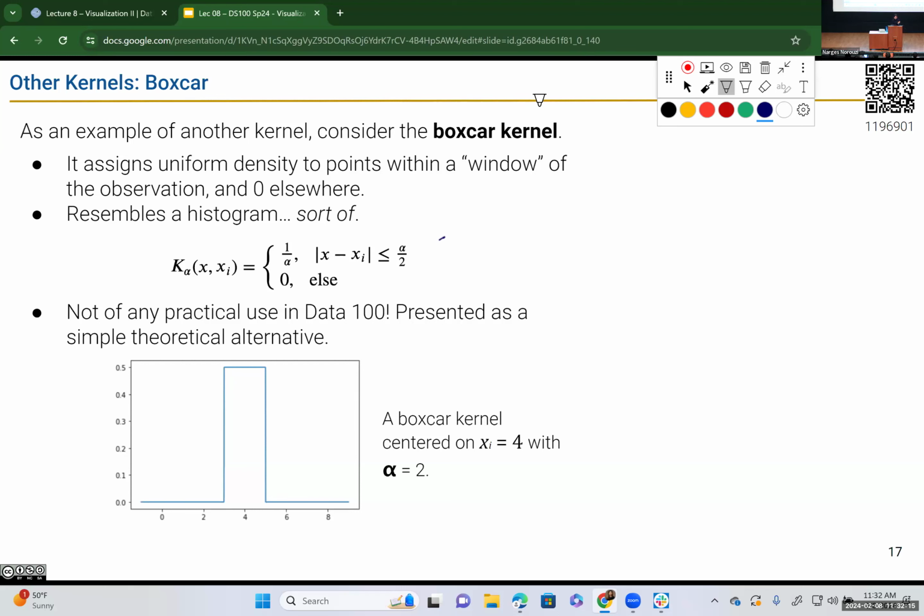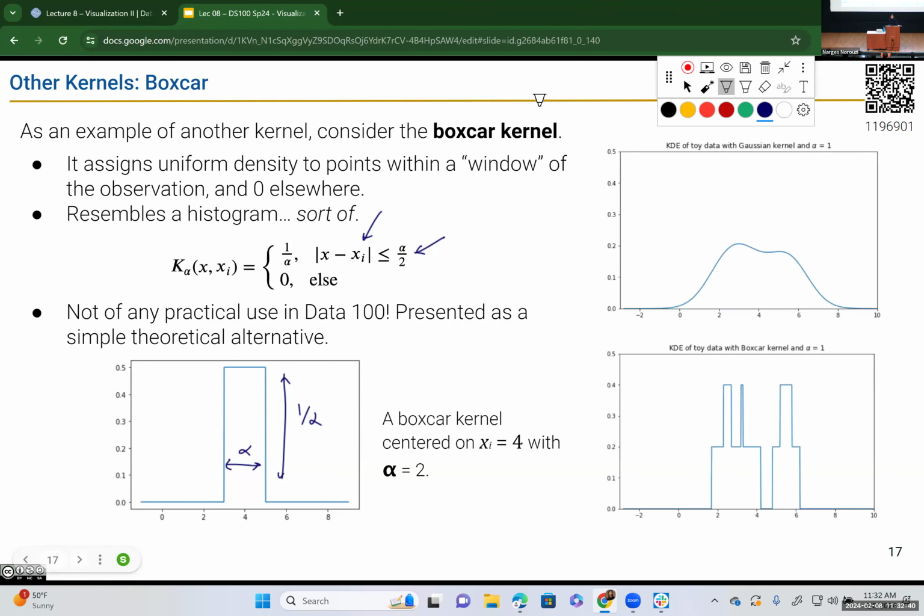The alpha basically says to put a box around xi with the width of alpha, and the height is going to be 1 over alpha, because the area under this entire box is going to be equal to 1. So here the width is alpha, and here the height is 1 over alpha, and the area again is obviously equal to 1.